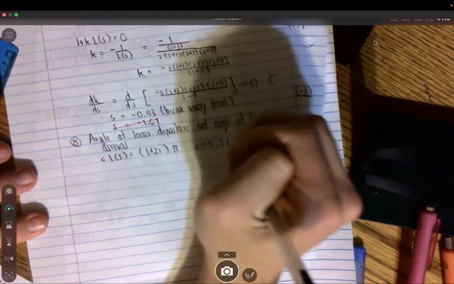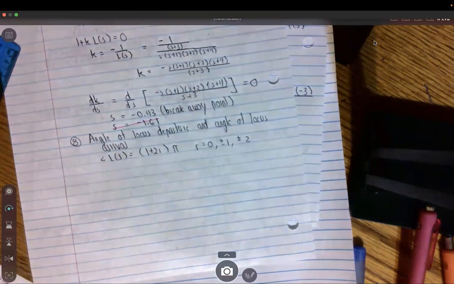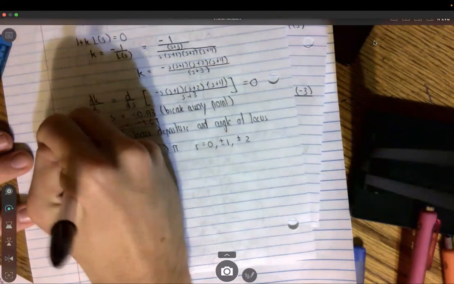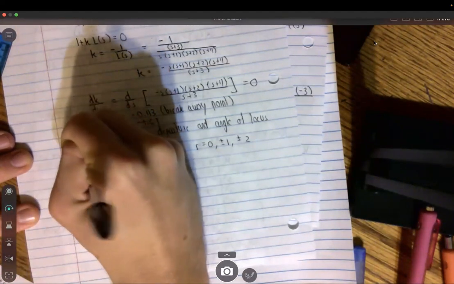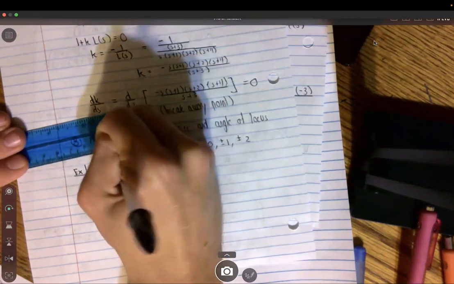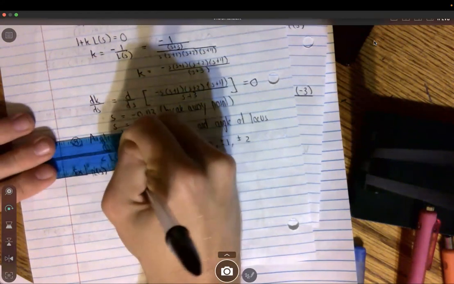Then let's do an example in order to have a better understanding of how we actually calculate this. We're going to look specifically at an example to determine the angle of departure and angle of arrival. For this example we're given an input R of s. It's already given in a unity feedback system, so we don't need to convert it.